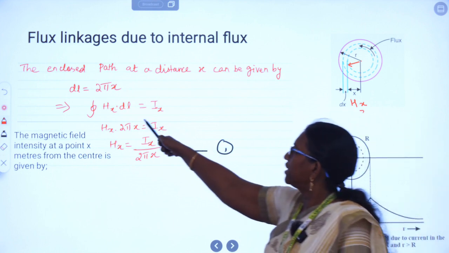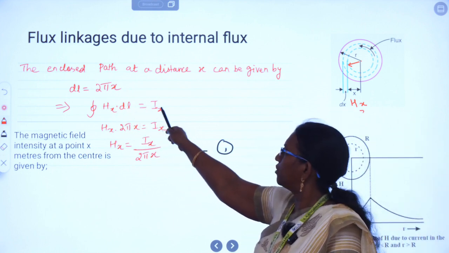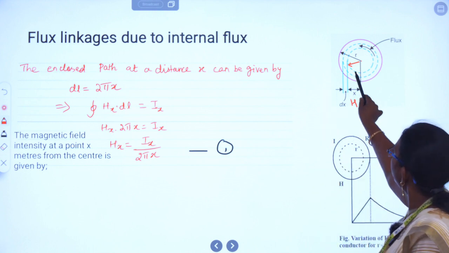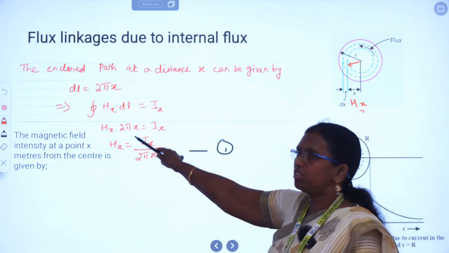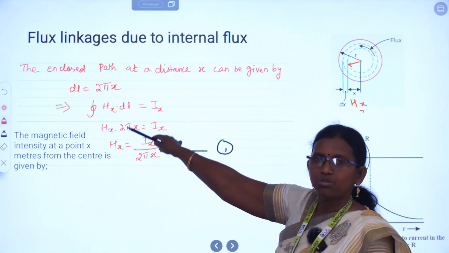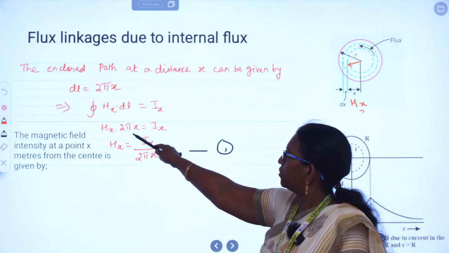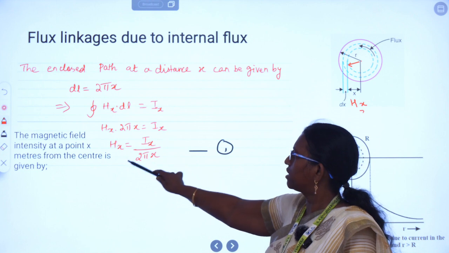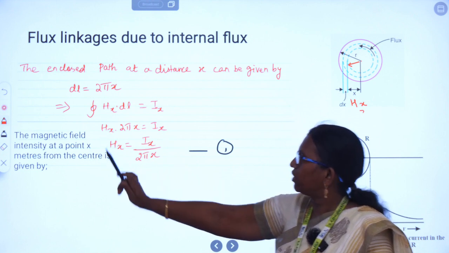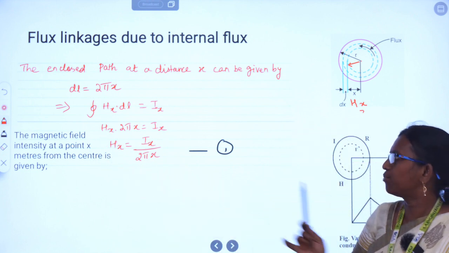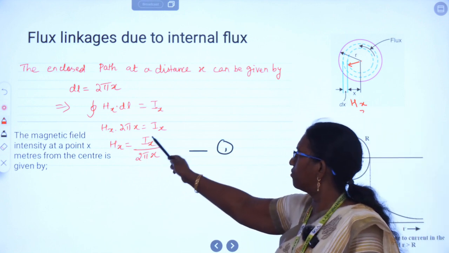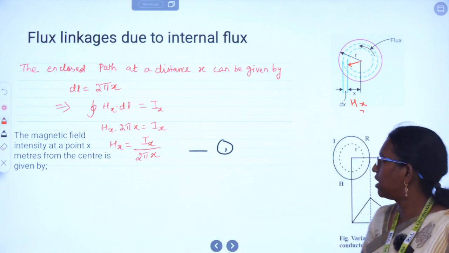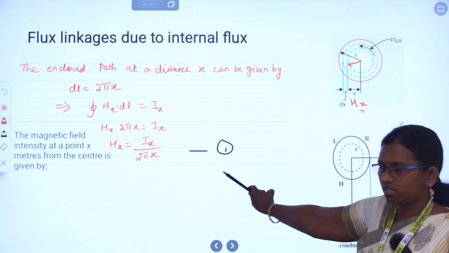So Hx dot dl is equal to the current at a distance of x. Substituting the dl value, Hx dot 2 pi x is equal to Ix. From there we calculate the magnetic field intensity at a point x meter from the center, given by Hx is equal to Ix divided by 2 pi x. Let us keep this as equation 1.